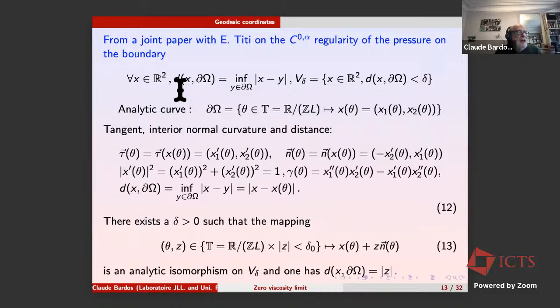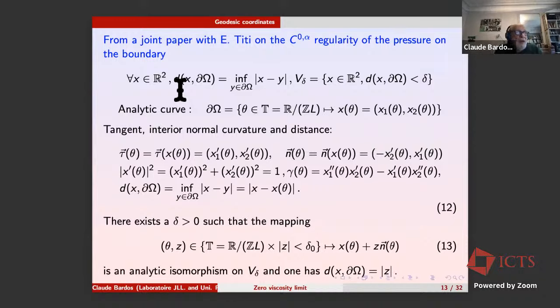It's the analytic curve, the boundary d omega, which is R over Z L, where L is the length of the fluid boundary. So you have the tangent component, and the tangent component, by the parametrization, has norm equal to 1. You can write the normal component, which is orthogonal to this one.